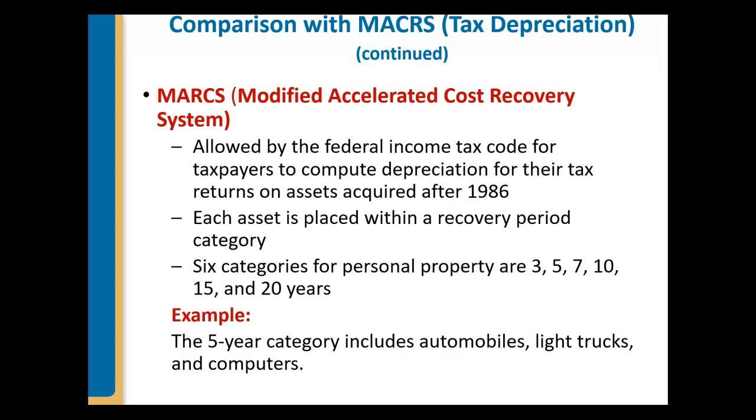The 6 categories for personal property are 3, 5, 7, 10, 15, and 20 years. For example, the 5-year category includes automobiles, light trucks, and computers.